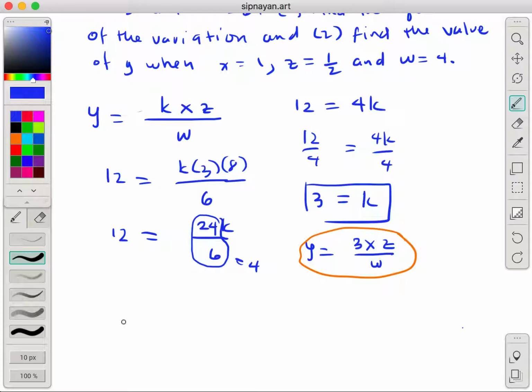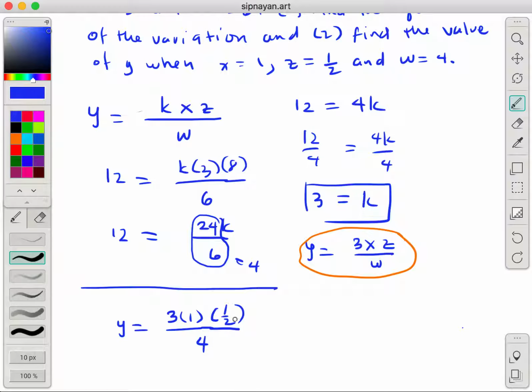So y equals 3 times, what is the value of x? 1 times z, which is 1/2, and then divided by w, which is 4.